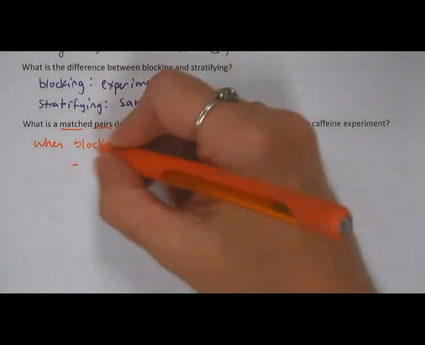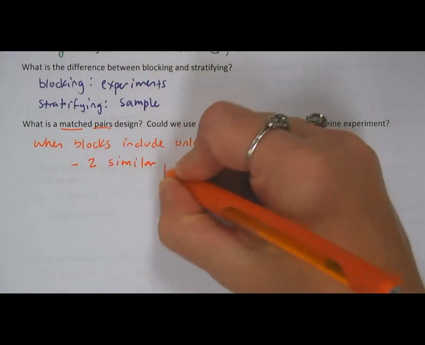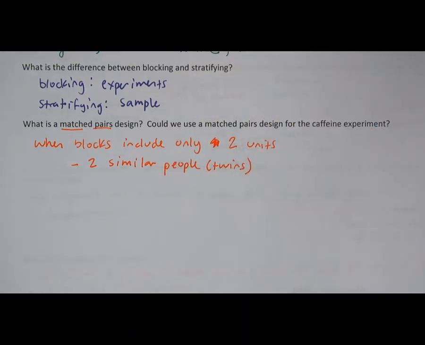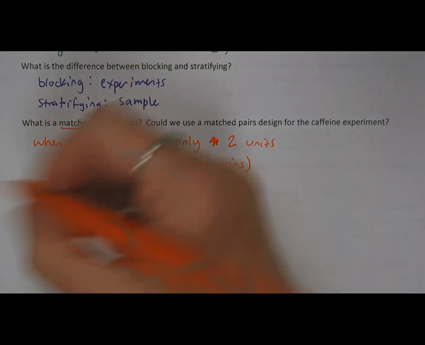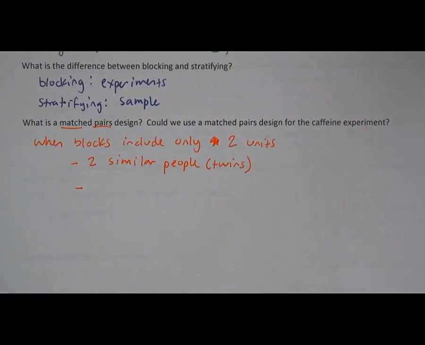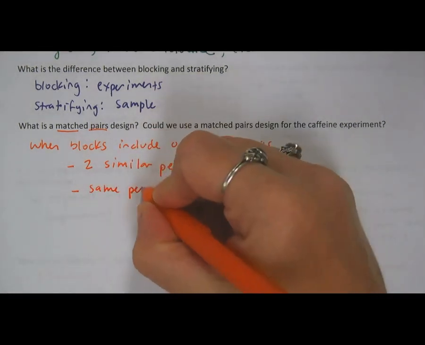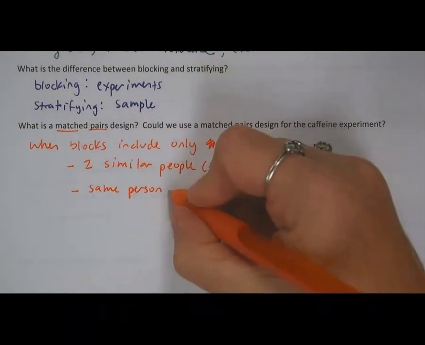So you're either going to have your block consist of 2 similar people, think twins, or this is kind of weird, the block could be actually just one person that gets both treatments. So I'll explain in just a minute. The block could be the same person, one person, but receives both treatments.